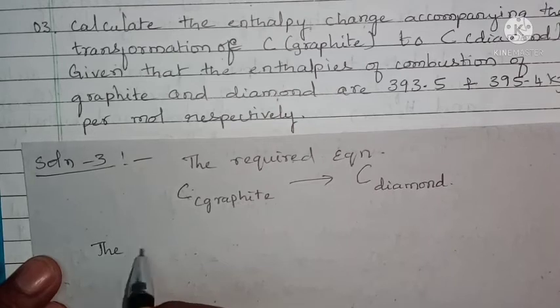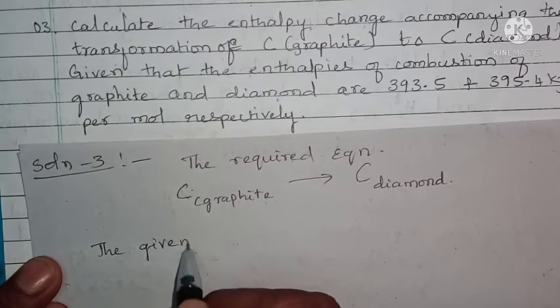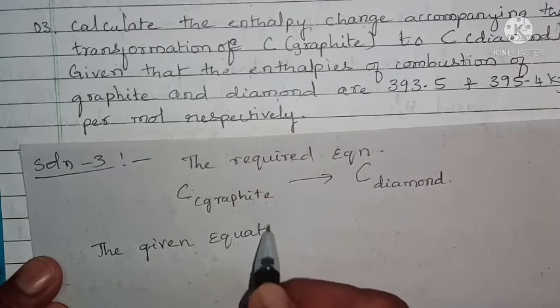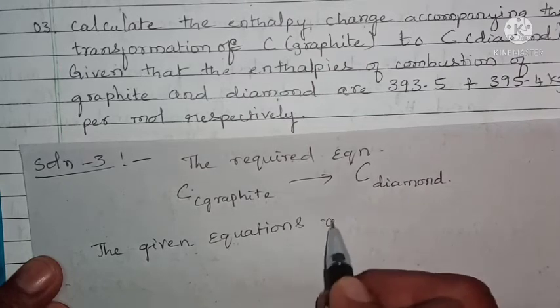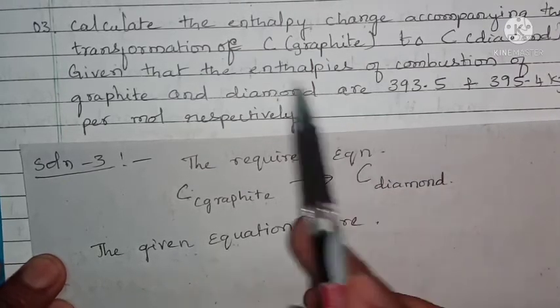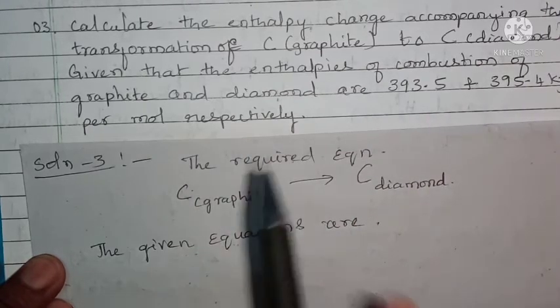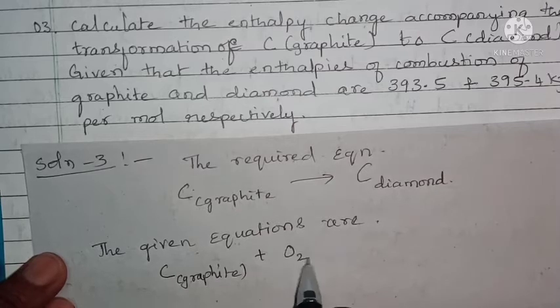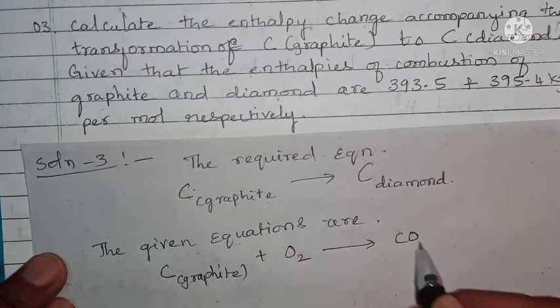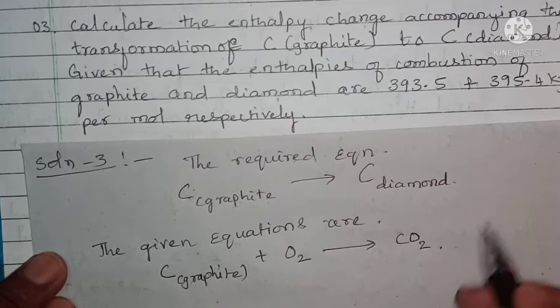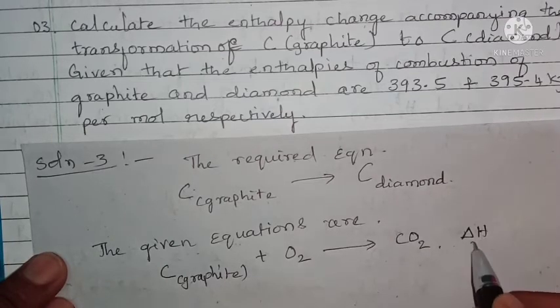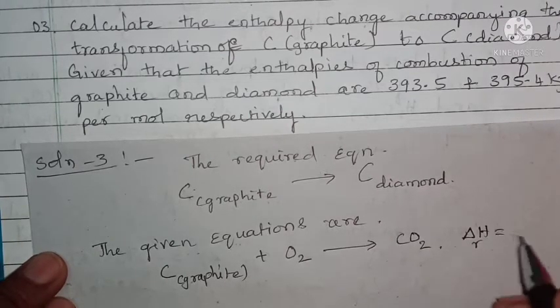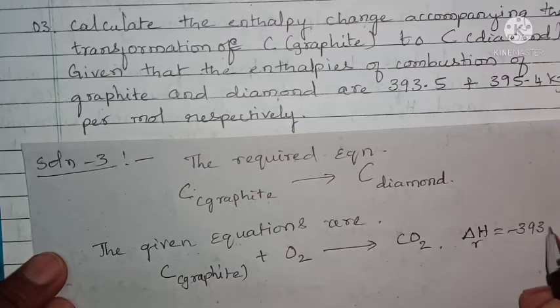The given equations are the enthalpies of combustion of graphite: carbon graphite burning in the presence of oxygen gives carbon dioxide. During this, the enthalpy of combustion is delta H minus 393.5 kilojoules.